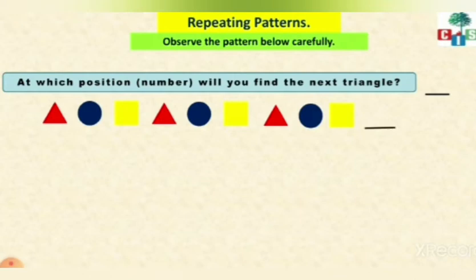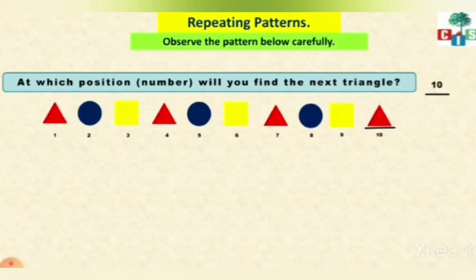Now, can you tell me which will be there? If you look here at the first number, it's 1. That is first, second, third, fourth, fifth, sixth, seventh, eighth, ninth, 10th. So, what will be the shape in the 10th position? Triangle. So, at the 10th place, it's a triangle.